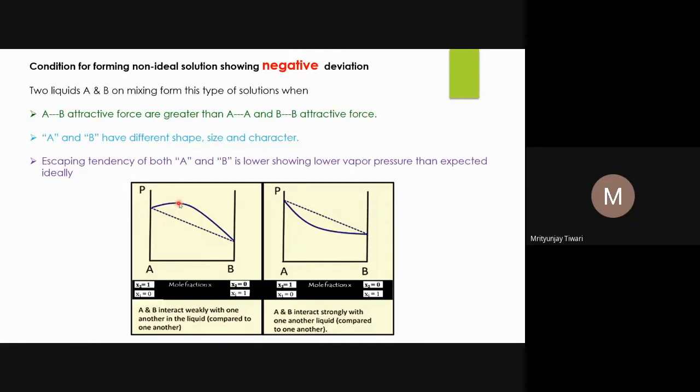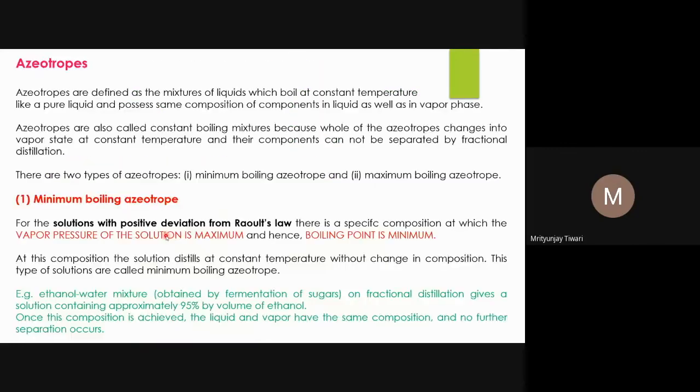So you will see the maximum vapor pressure at a certain composition of B, and at that composition at which the vapor pressure is maximum, the boiling point will be minimum, and that composition forms a minimum boiling azeotrope.